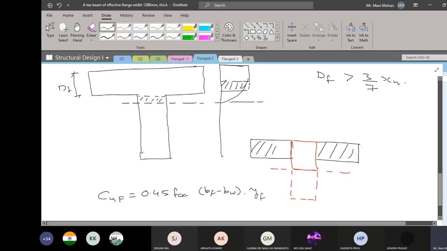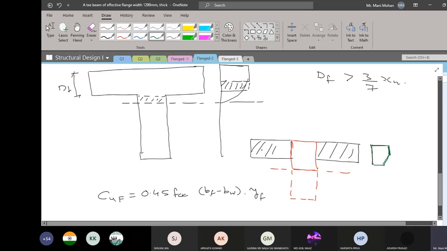Because if I see this flange part, the stress block is like this. For some portion it is rectangular, and for some portion you have this parabolic portion. So what has the code suggested?